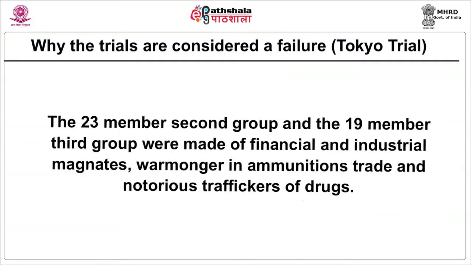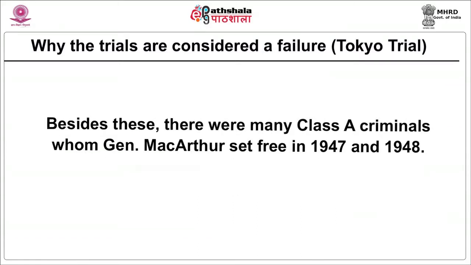The 23 members of the second group and the 19 members of the third group were made up of financial and industrial magnates, warmongers in ammunitions, trade, and notorious traffickers of drugs. Besides these, there were many Class A criminals whom General MacArthur set free in 1947 and in 1948.